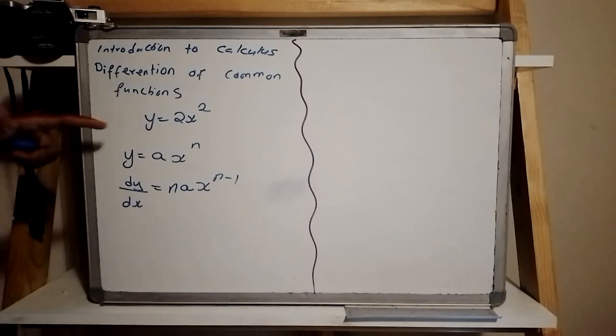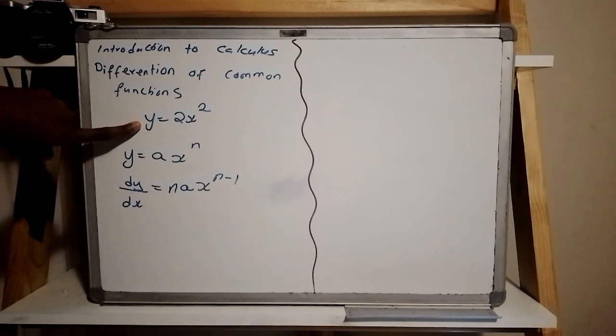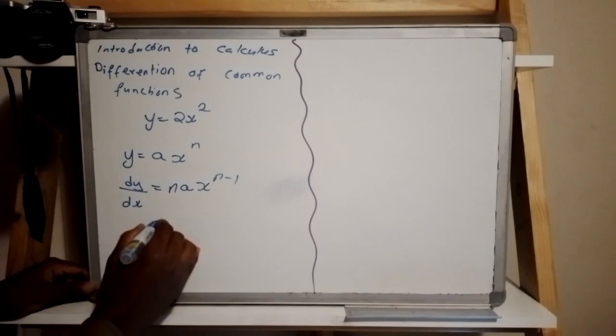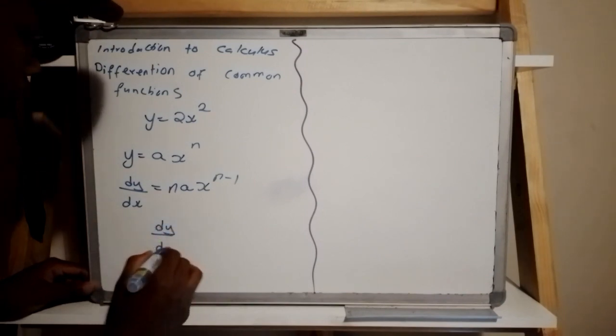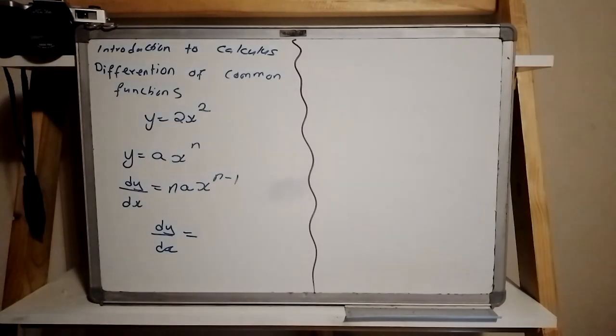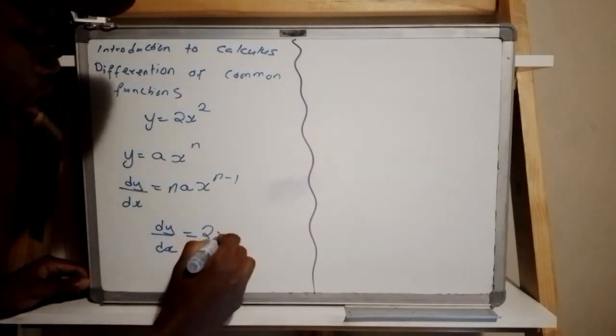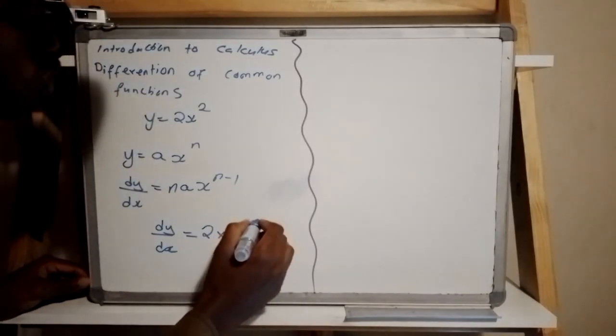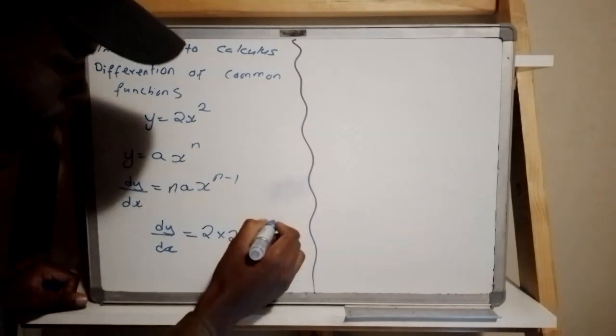So now, if I were to differentiate this using this rule, following these steps, dy over dx will give me what? In this case, n is represented by the value 2. It means I'll have 2 multiplied by 2, x to the power 2 subtract 1.